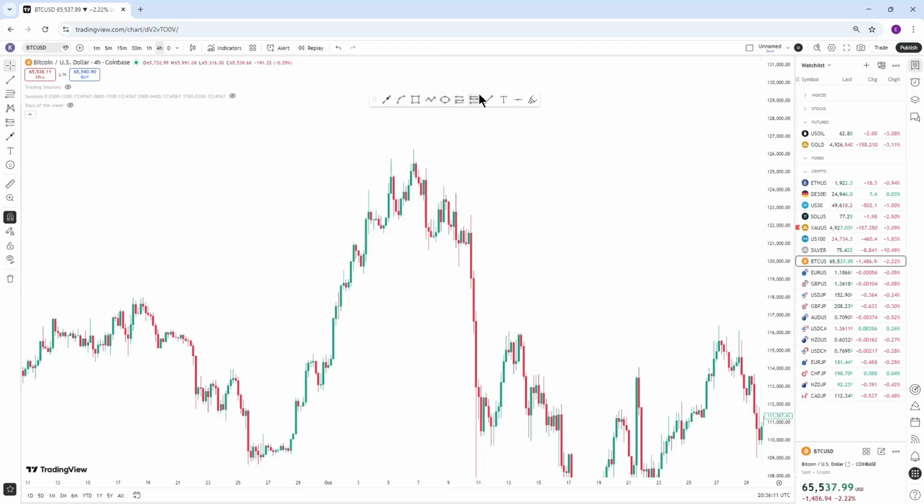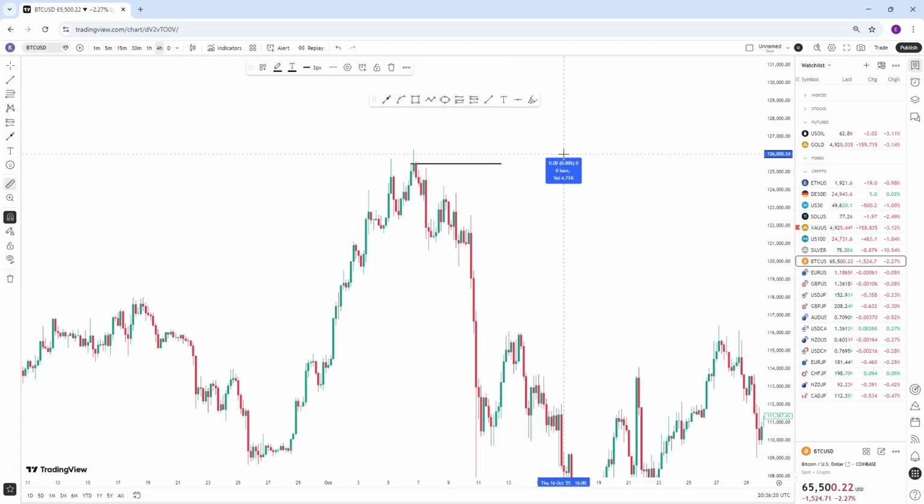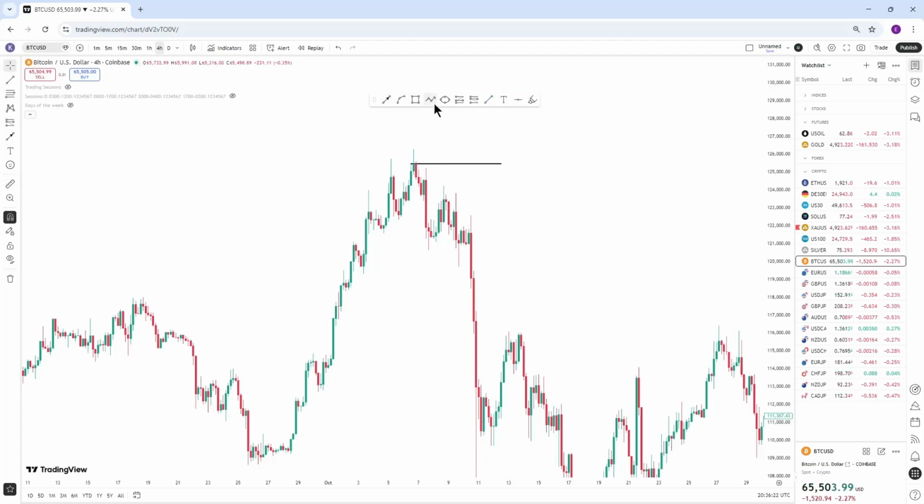So from here, you can see the market has made a high. It made a high here, but instead of making a higher low and breaking this high, what happened in the market? It broke the previous low, right?